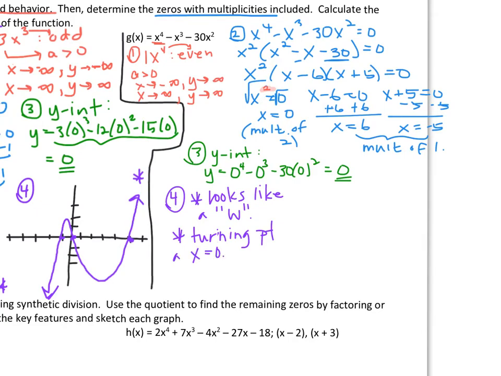So it'll just touch at that point and then go back in the opposite direction. It'll go through x equals 6 and negative 5. So it'll cross over to the other side of our graph.